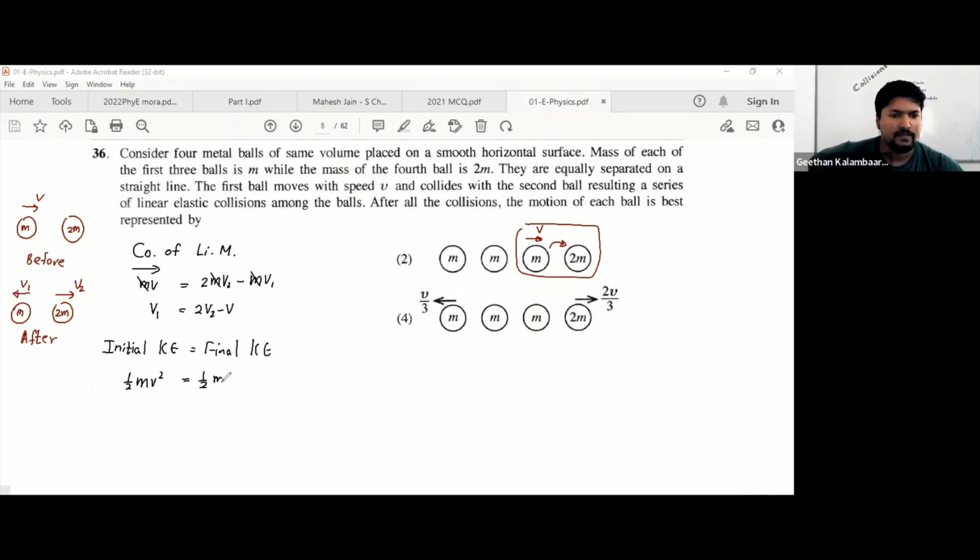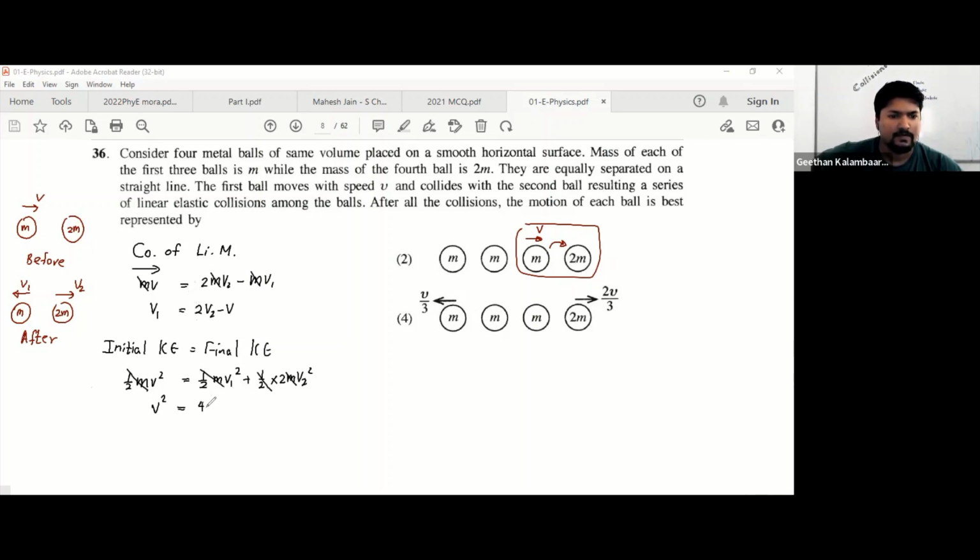Finally it's half m v1 squared plus half into 2m v2 squared. So the half m's get cancelled. What we get is v squared is equal to v1 squared plus 2v2 squared. Instead of v1, I can apply this now.